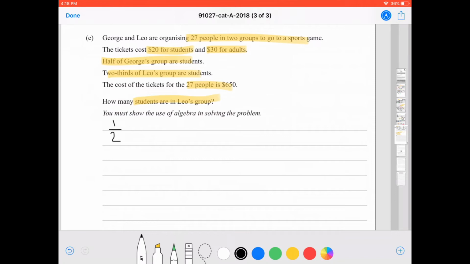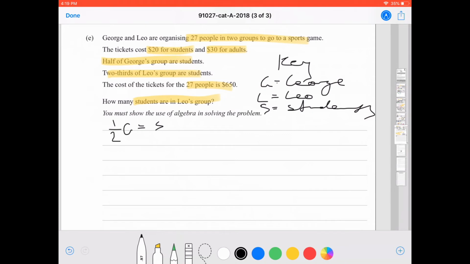Half of G is students, and we'll say S. Because we've got a number of variables, we'll just write a key. G for George, L for Leo, S for students, and A for adults.